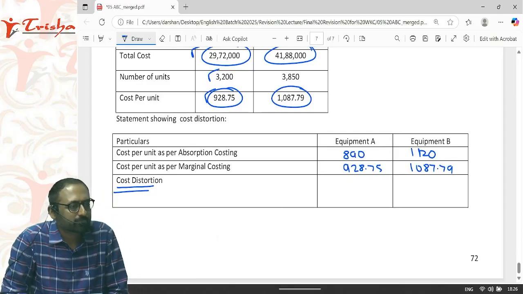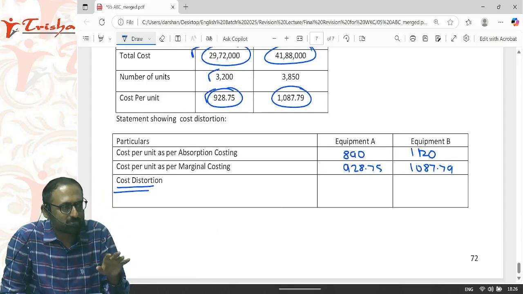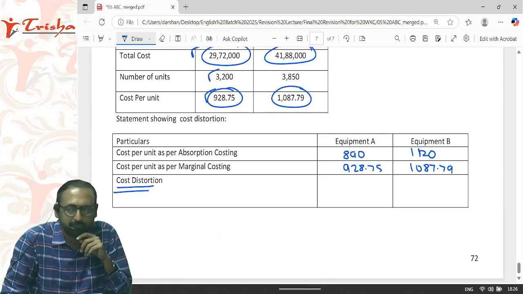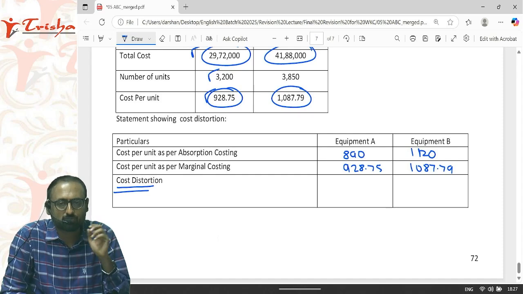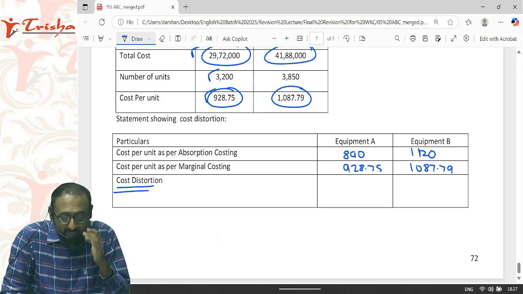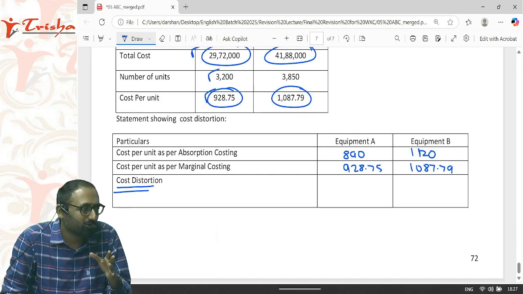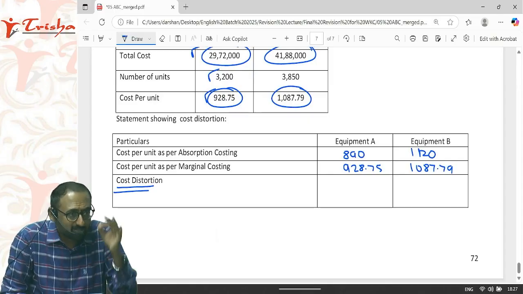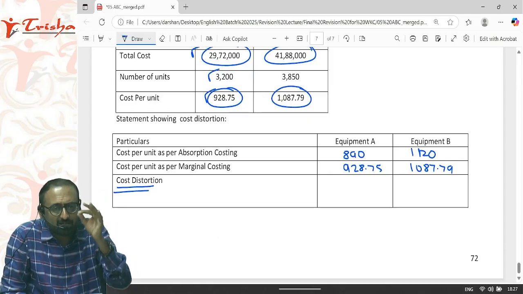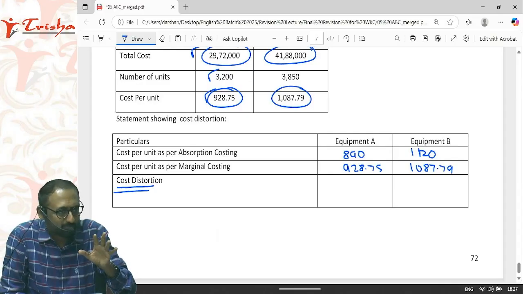Now, Sirji, in the question they have asked for cost distortion. Please concentrate. Everybody, please concentrate. Which is the best method? Is the traditional method of costing the best method, or is activity based costing the best method? Activity based costing is the best method of calculating the cost of the product. It is a logical and scientific assignment of the overhead cost to the product.